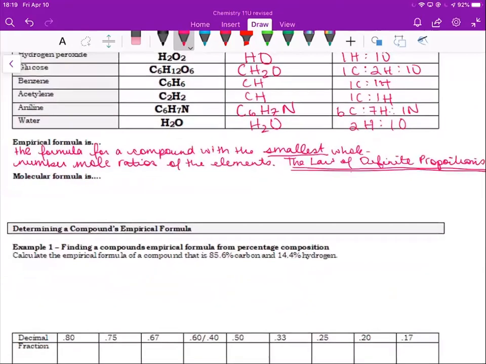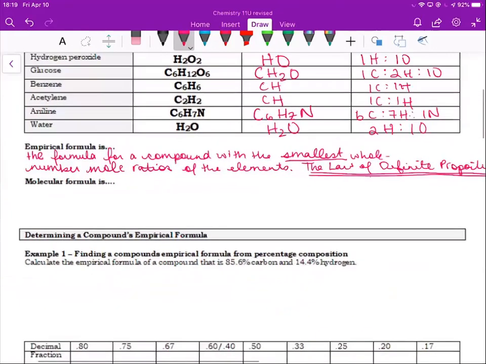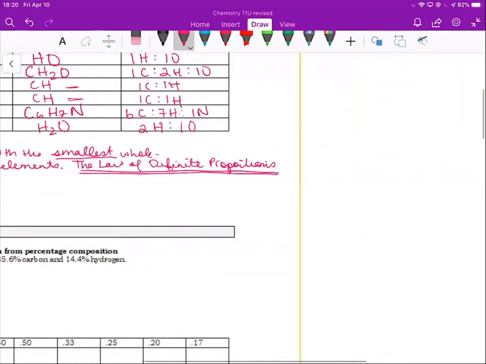But is an empirical formula useful? Well, you can see, again, benzene and acetylene have the same empirical formula, yet they're 2 very different things. They follow the same element ratio of 1 to 1. So why is it useful?